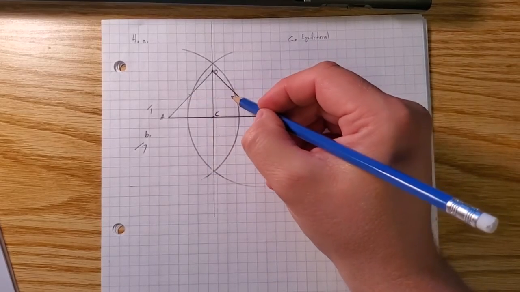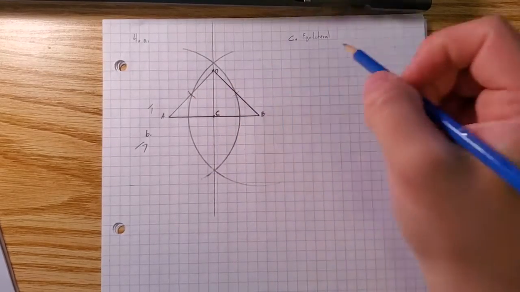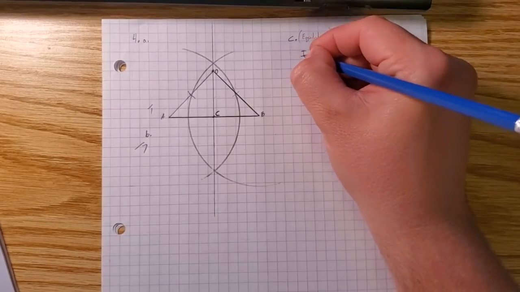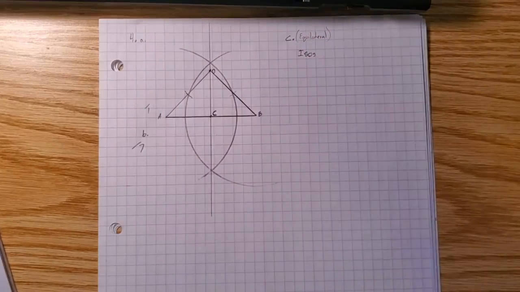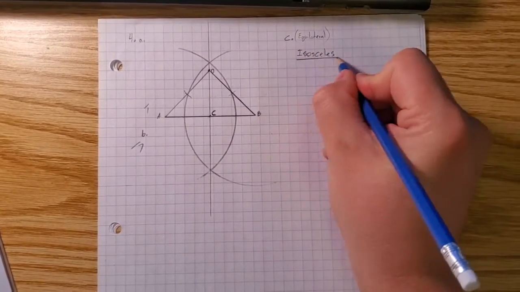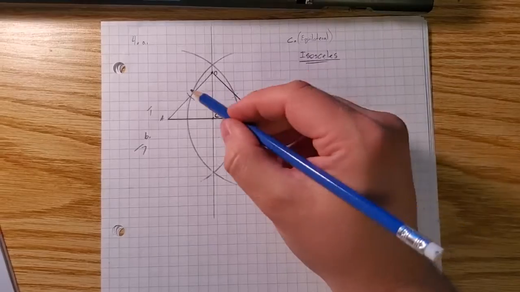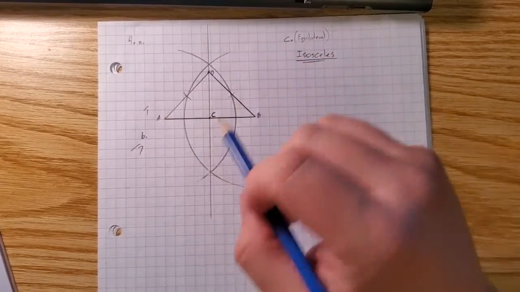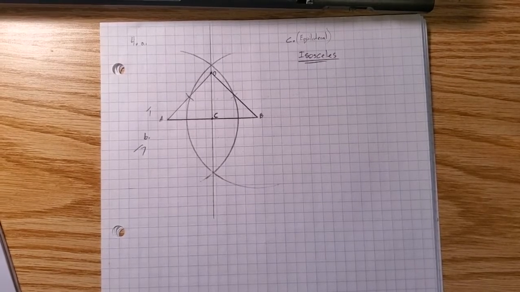So if those 3 were the same. But in this case, it's not. So this could be true, but it's actually an isosceles. Okay, that's the answer. Why? Because two sides are the same. From DB and DA, those are the same length.